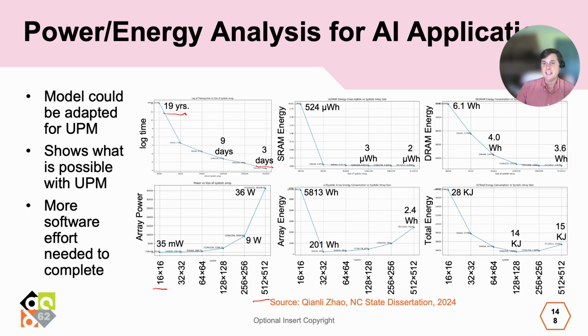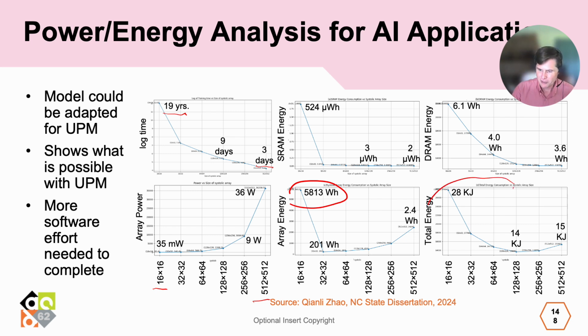So we saw that the DRAM energy was about 10,000 times larger than the SRAM energy, and then the array energy was about 1,000 times larger still than that. So the vast majority of the energy is being consumed in the array. And really, if we want to look at this, we can kind of ignore the SRAM and DRAM energy and just focus on the array energy.